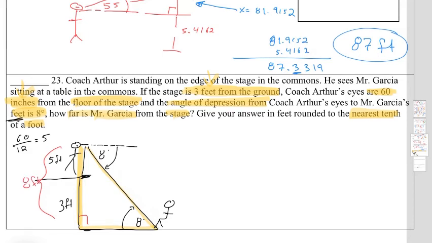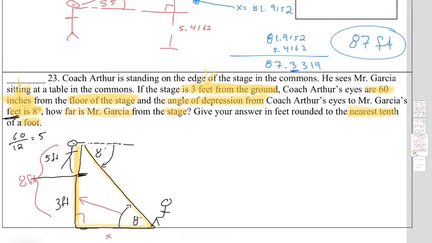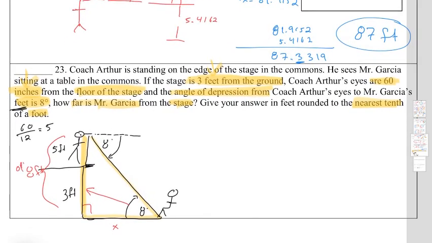What we're looking for is this distance here to the stage. I'm going to label my diagram according to my angle of reference. So here's 8 degrees, which means across from it is my opposite side. Next to it is my adjacent side. The function that has both opposite and adjacent is tan.